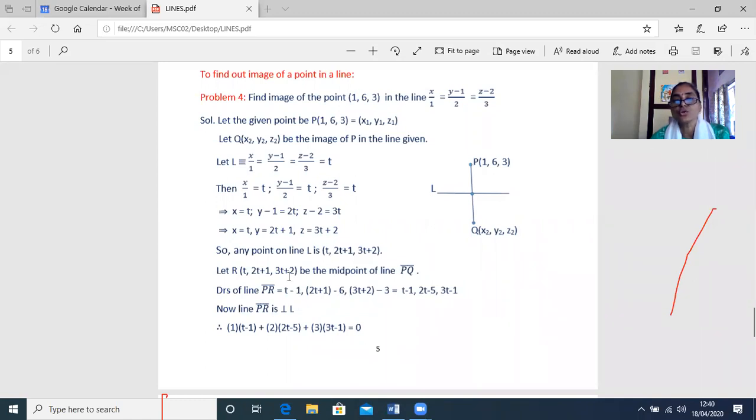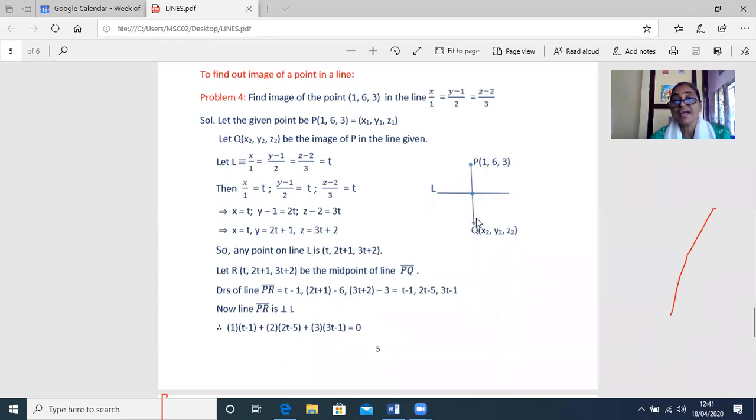R coordinates we know. So t minus 1, then 2t plus 1 minus 6, and 3t plus 2 minus 3. This is how you can find the DRs of the line PR. PR or PQ both mean the same.